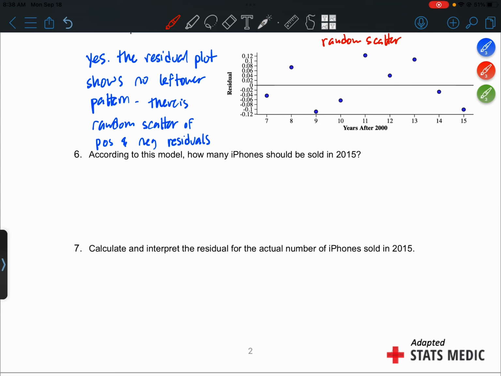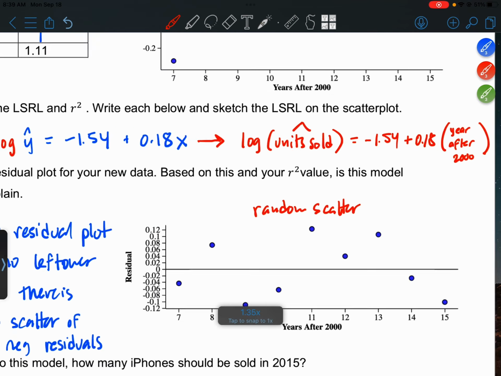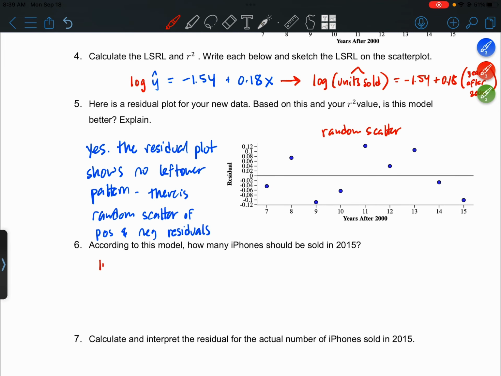So question 6, we want to predict how many iPhones would have been sold in 2015. All right, so we're going to begin with just writing the formula down. Okay. So the log of predicted units sold equals negative 1.54 plus 0.18 times the number of years after 2000.